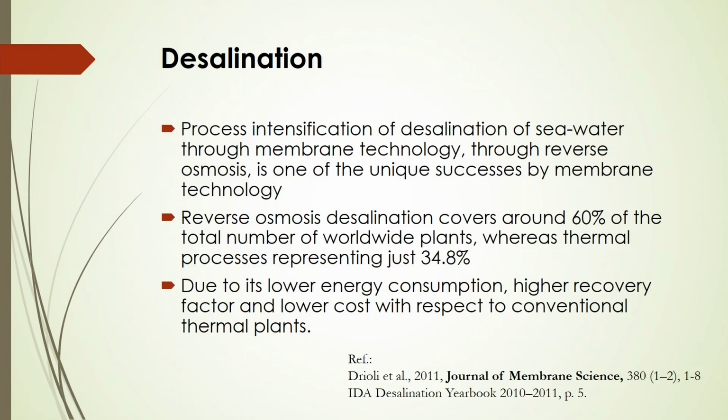Generally, there are two types of desalination process, one is thermal and another is membrane, that is the reverse osmosis process. So, compared to the thermal process, reverse osmosis has 60% of the total number of worldwide plants, whereas thermal processes represent just 34.8%.